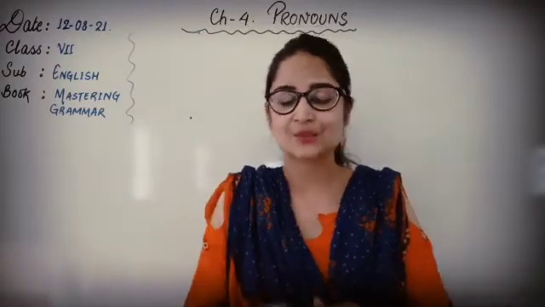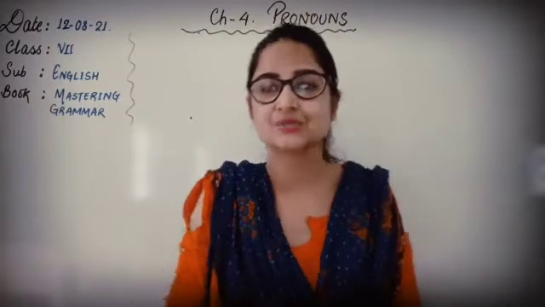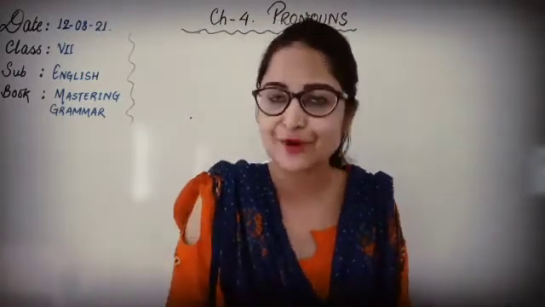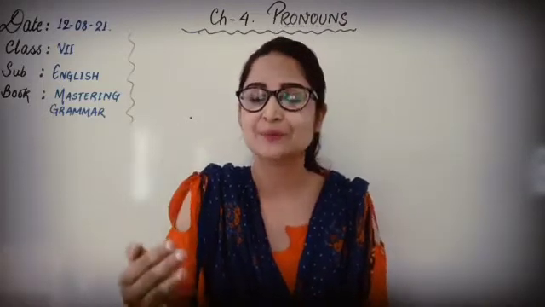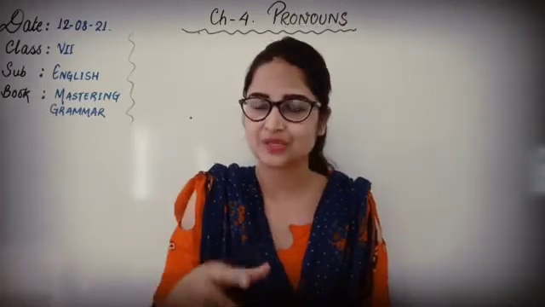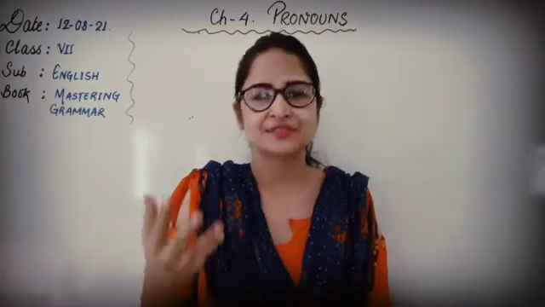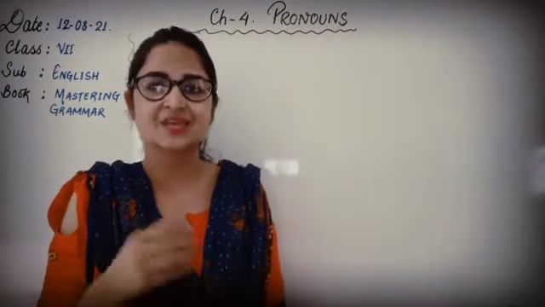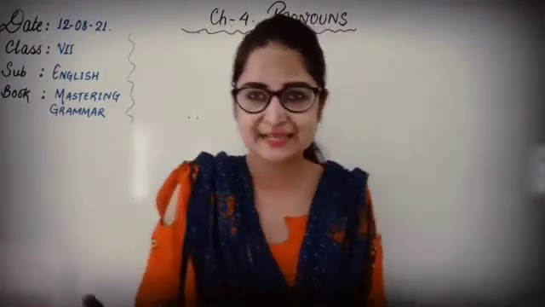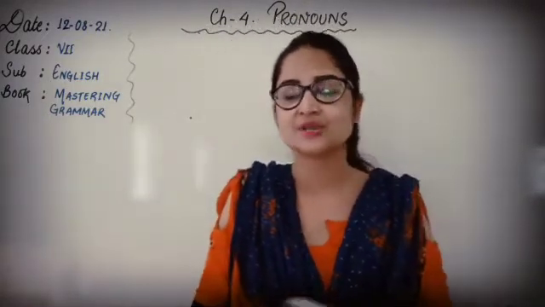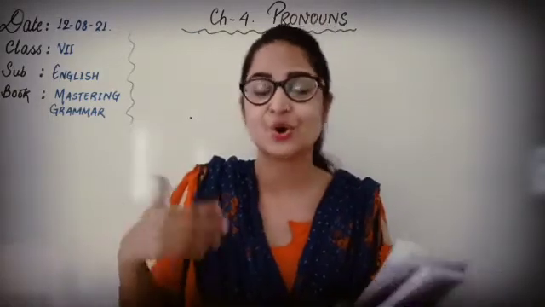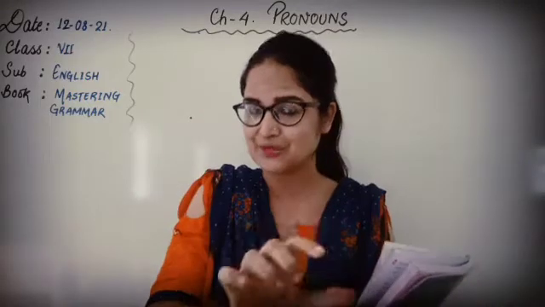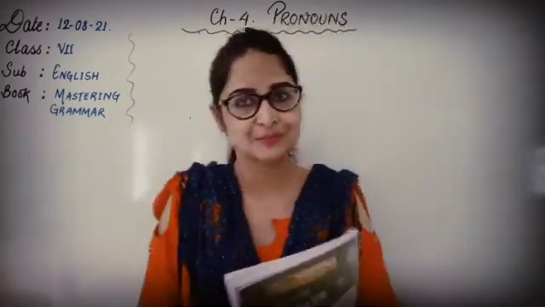pronouns. Now with this, let me recall what we had learned. We had learned about personal pronouns, that they are used for persons and for things, right? Pronouns like I, we, us, they, them, their, it, she, he, me, myself, itself, themselves, all these words which were representing a person or thing were known as personal pronouns.